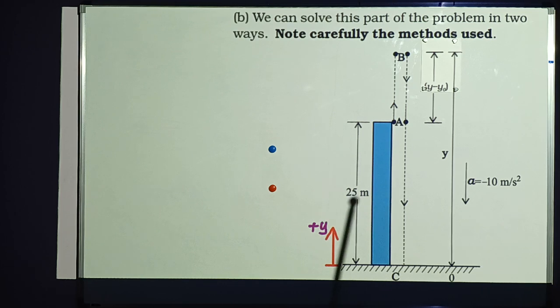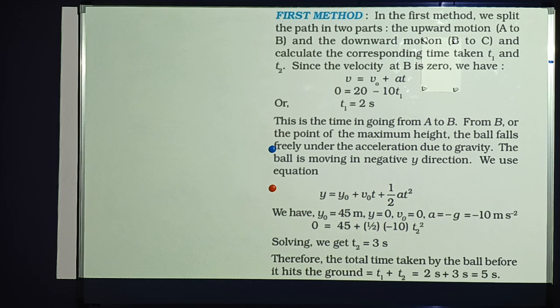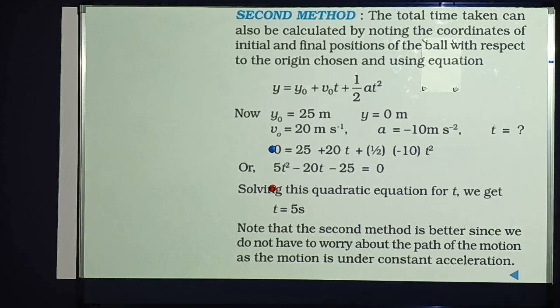That is y naught. And the final displacement with respect to this is 0. So s is y minus y naught equal to ut plus half at square. So from there, get the total time. This is a quadratic equation. 5 can be cancelled and then factorized. So t equal to 5 seconds.